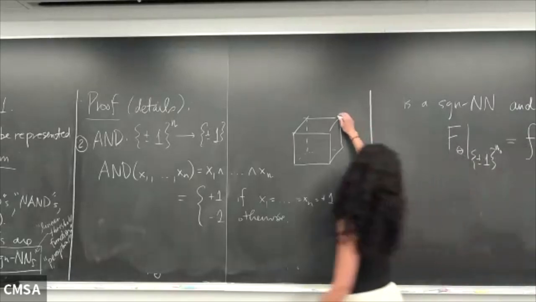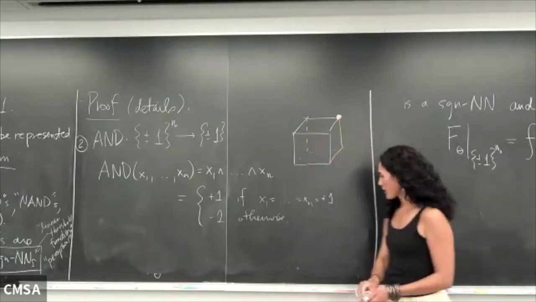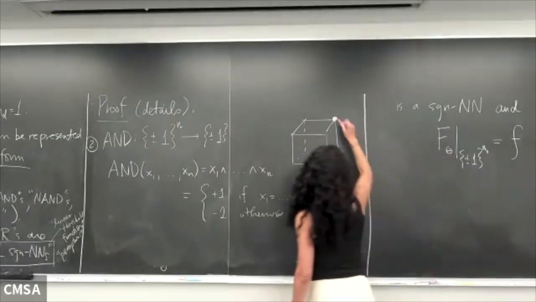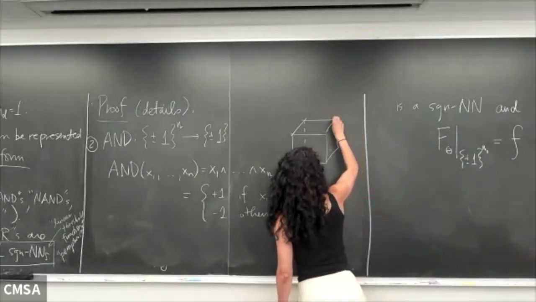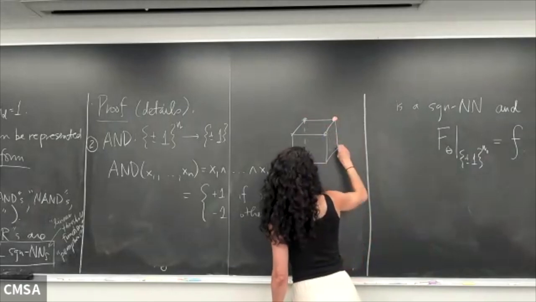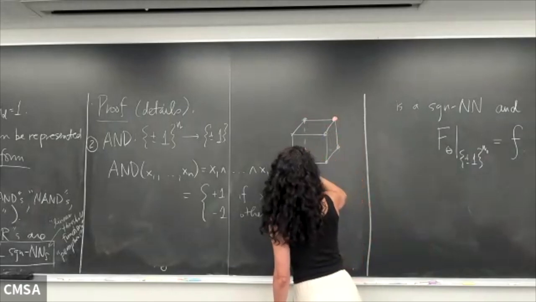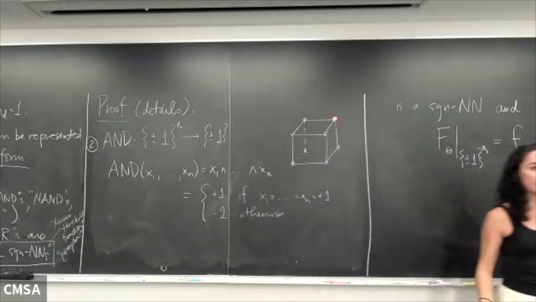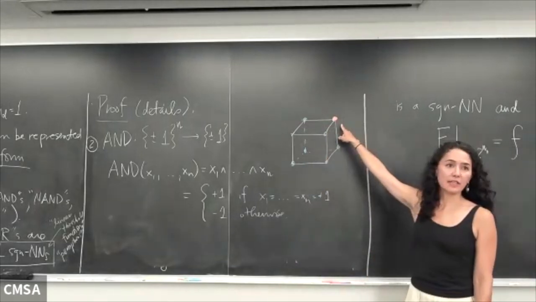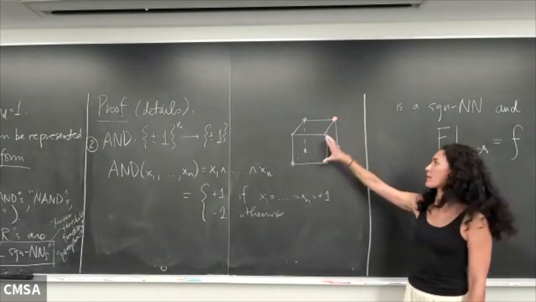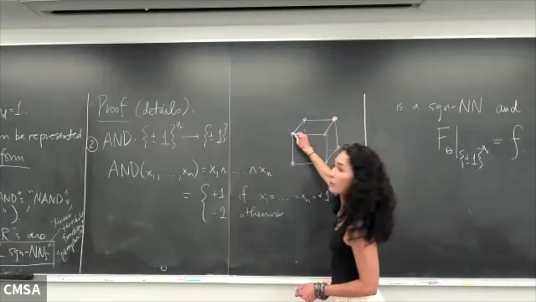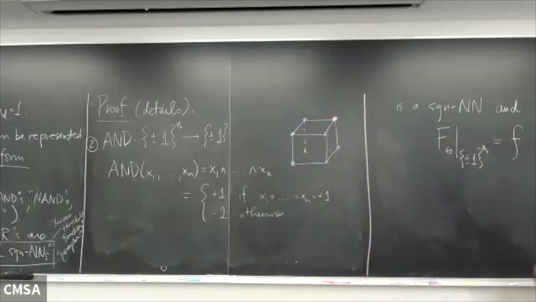So the idea is that you want to construct a linear binary classifier that outputs 1 on this vertex of the ±1 cube, and outputs -1 everywhere else.